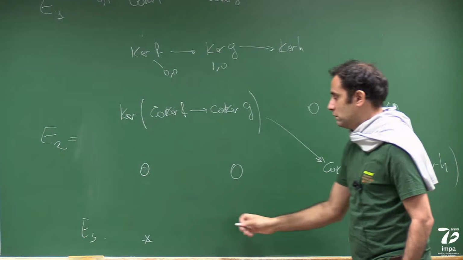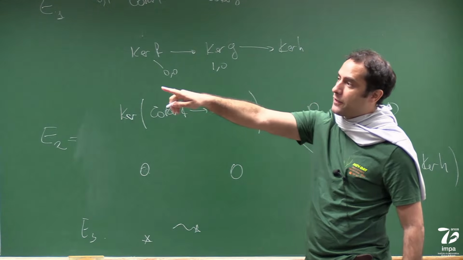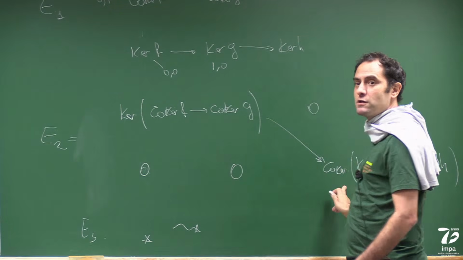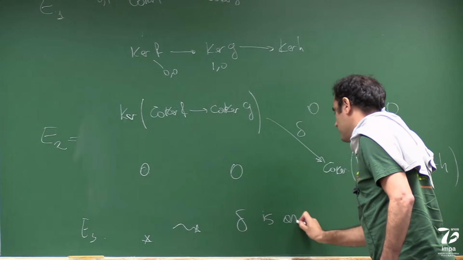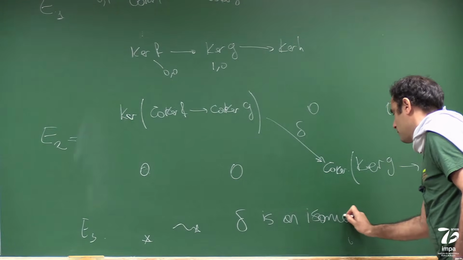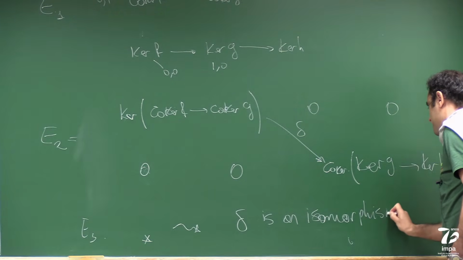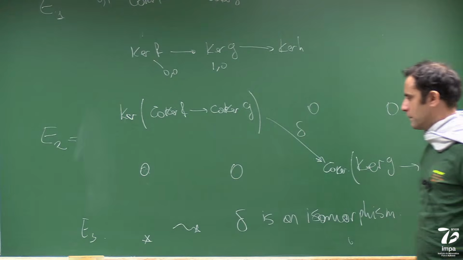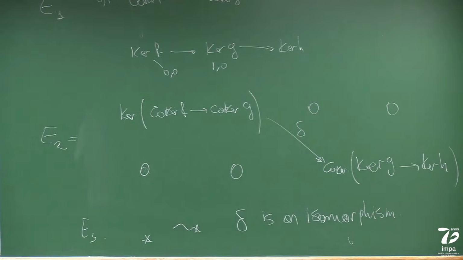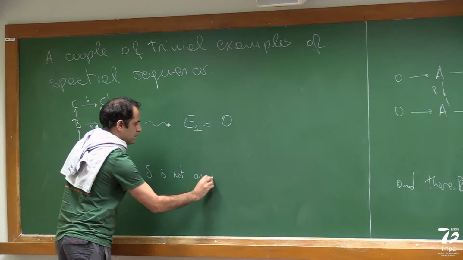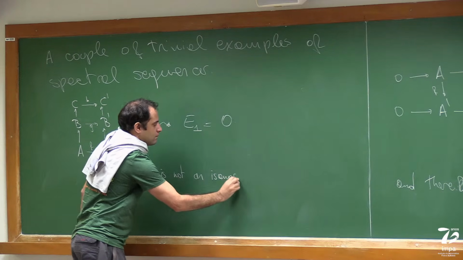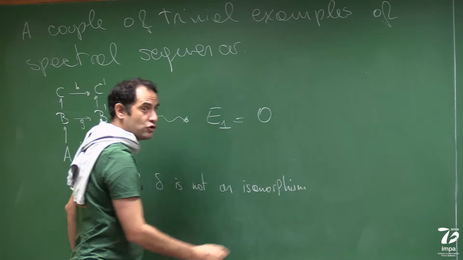But what I do know is that since that other spectral sequence converges to 0, then this map is an isomorphism. So delta is an isomorphism. Why? Well, if delta is not an isomorphism, then we will have a non-trivial E3.